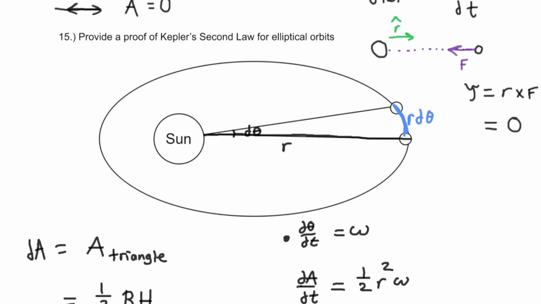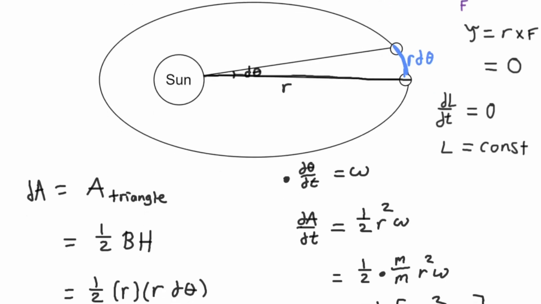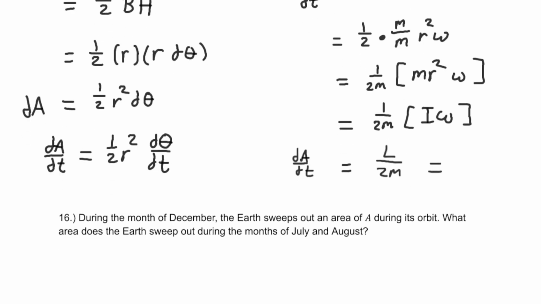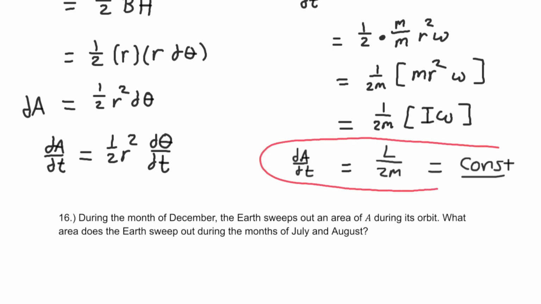You can't generate a torque by pushing along the pivot point. So that means that dL/dt is equal to 0, so L is equal to a constant. And again, it's because the force is parallel to the r vector. So there's no torque caused by gravity, and that's equal to a constant. And that ends the proof.